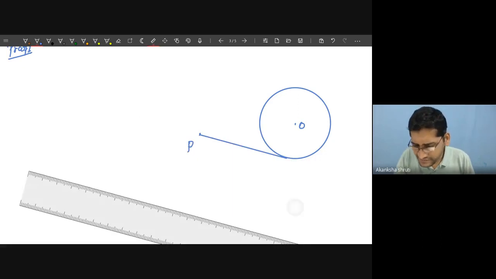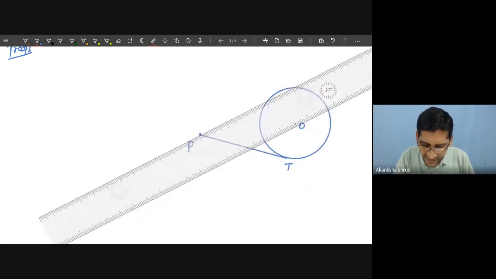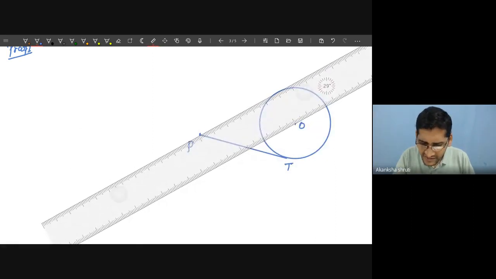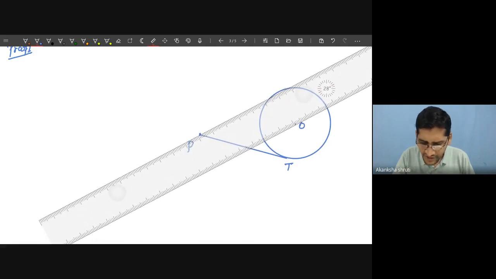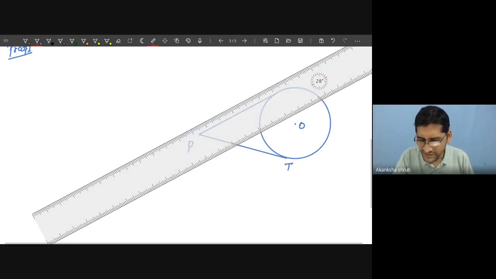P to T. And on the other side, you also have to draw properly so that you can fill it. If you have the geometry box, that is the best habit.